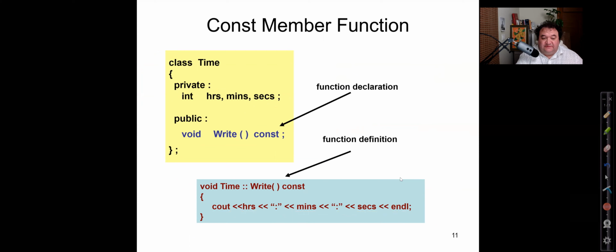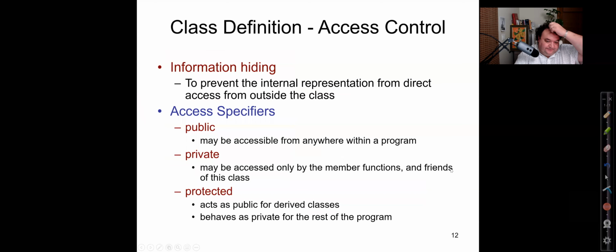So for the small cost of writing const, unfortunately humans tend to be very lazy, so they try to avoid doing those things. But as soon as you start systematically using const for methods that are not meant to modify the value, a lot of mistakes can be caught very early.